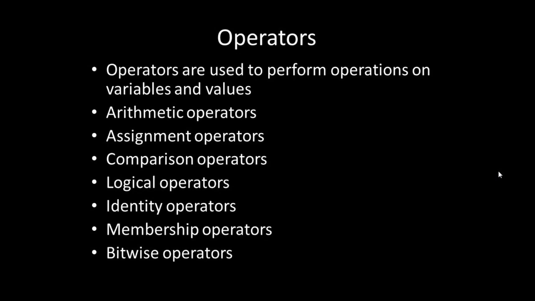But nevertheless, it is very important to know what operators are provided by Python. Are there any operators which are new to Python and not available in other programming languages? Most of these operators are available in any other programming language. So if you are familiar with any programming language, this section will not be hard for you to understand.